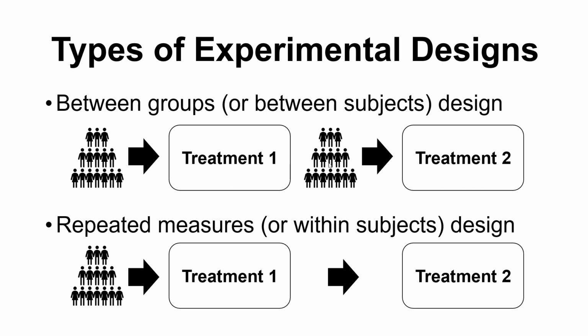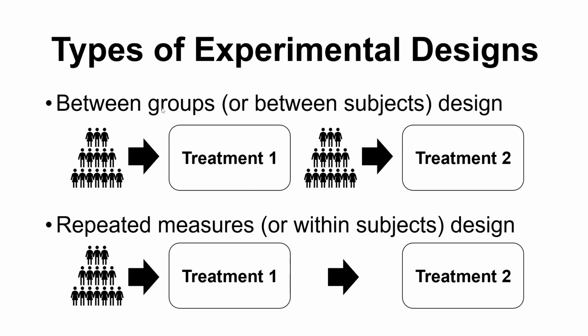We then have a second group that gets whatever our second manipulation is for that independent variable. With our drug group, we were saying that they got no drug. And then what we do at the end is we compare the scores from those who received the drug to the scores from those who did not receive the drug, and we compare the means between those two groups.